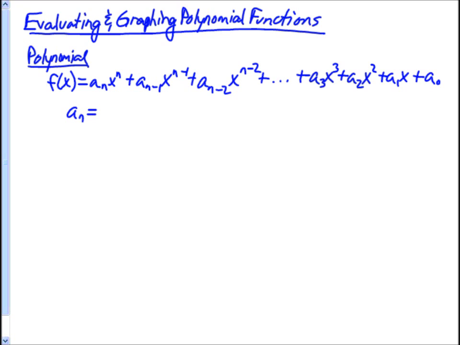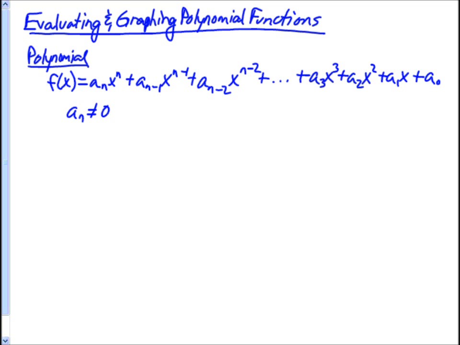Your a sub n cannot be 0, and your exponents are always whole numbers. So all your exponents are whole numbers, and your coefficients are simply real numbers. Your exponents have to be whole numbers, your coefficients are real numbers, and a sub n cannot be 0.